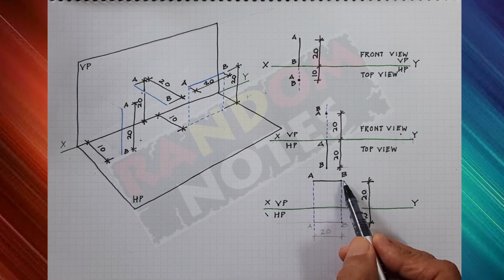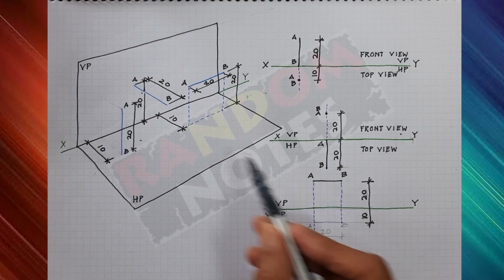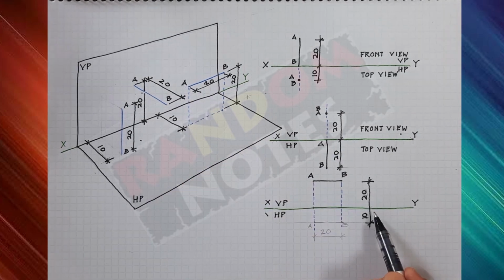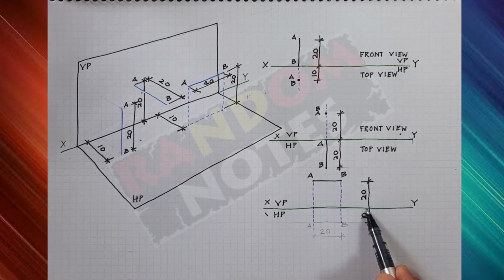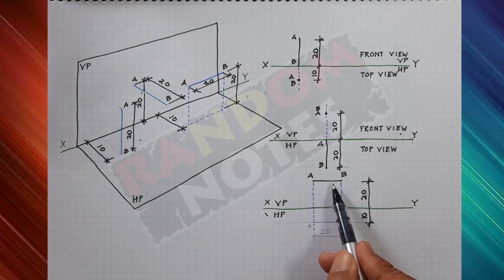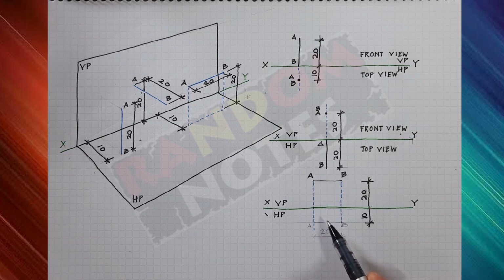I took a line AB equal to the length of 20 mm and placed it 20 mm above the horizontal plane. It is parallel to the horizontal plane and it is parallel to the vertical plane.